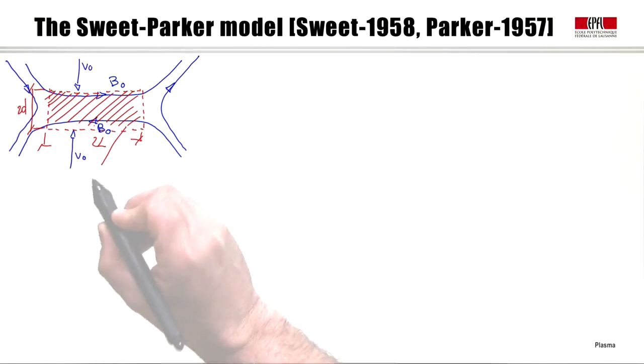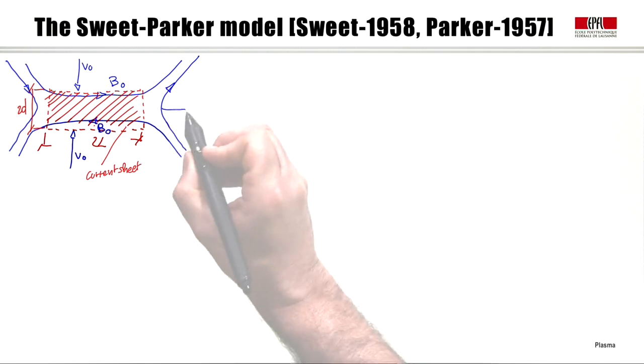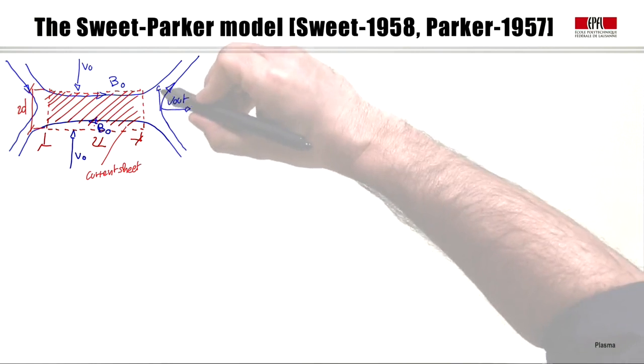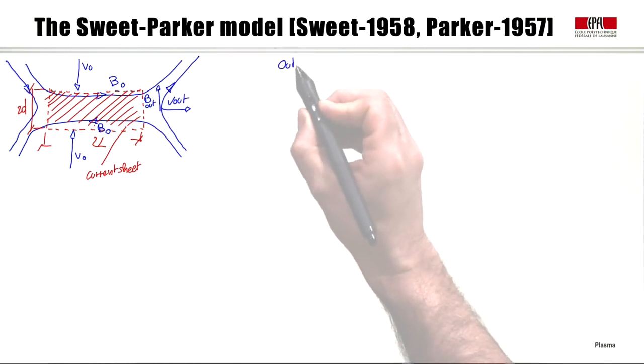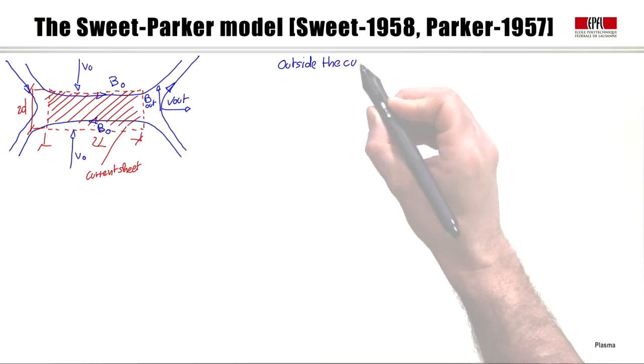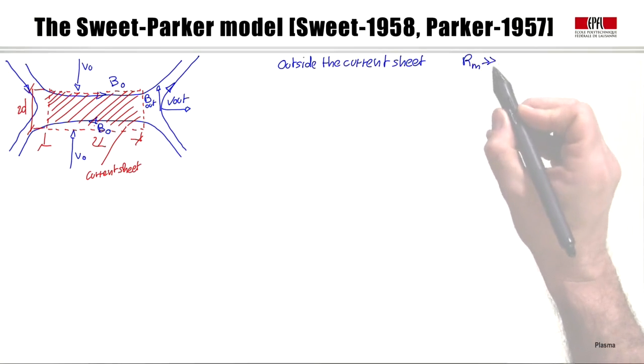Reconnection happens in the current sheet, and the new magnetic field lines are now flowing out of the current sheet with a velocity V out and a magnetic field intensity B out. To derive the model, we make the following hypotheses. Outside the current sheet, the magnetic Reynolds number is much larger than 1.